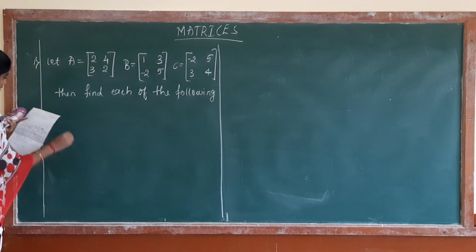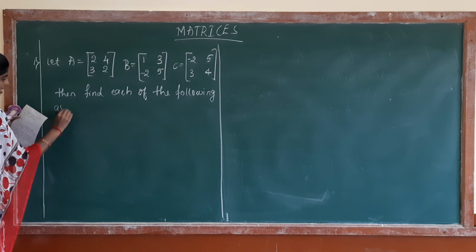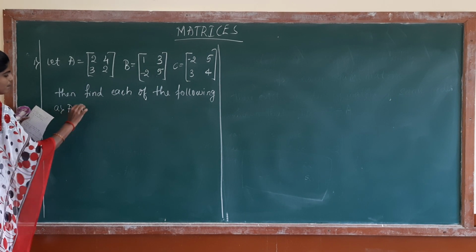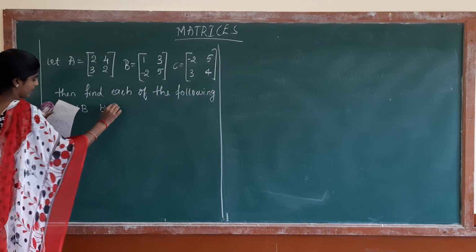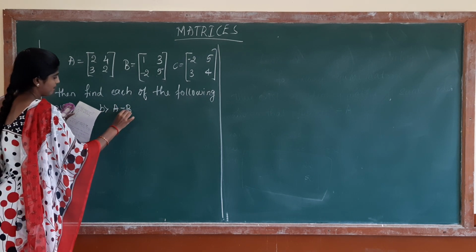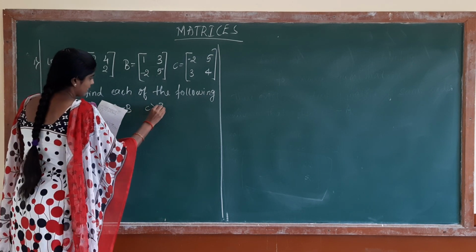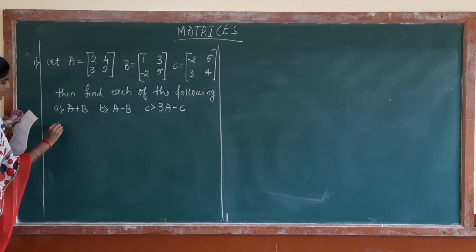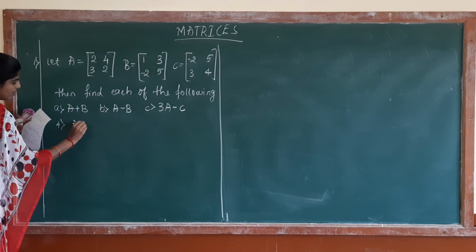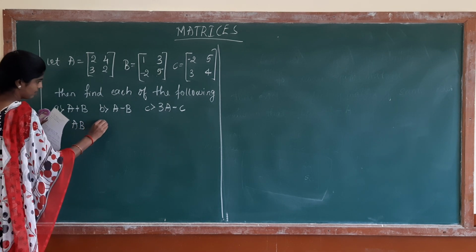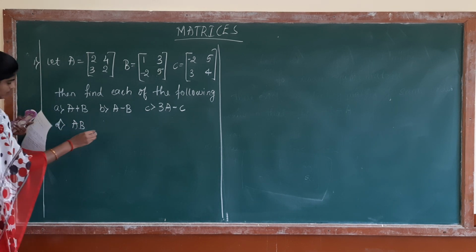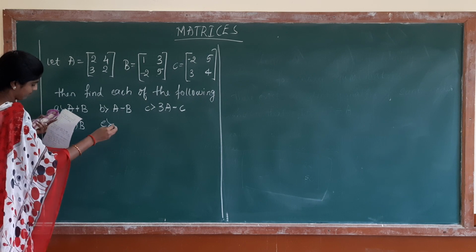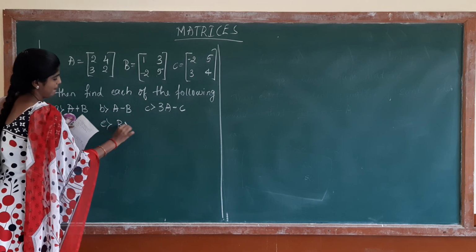The first one is A plus B, second is A minus B, third is 3A minus C, fourth is AB, and BA.